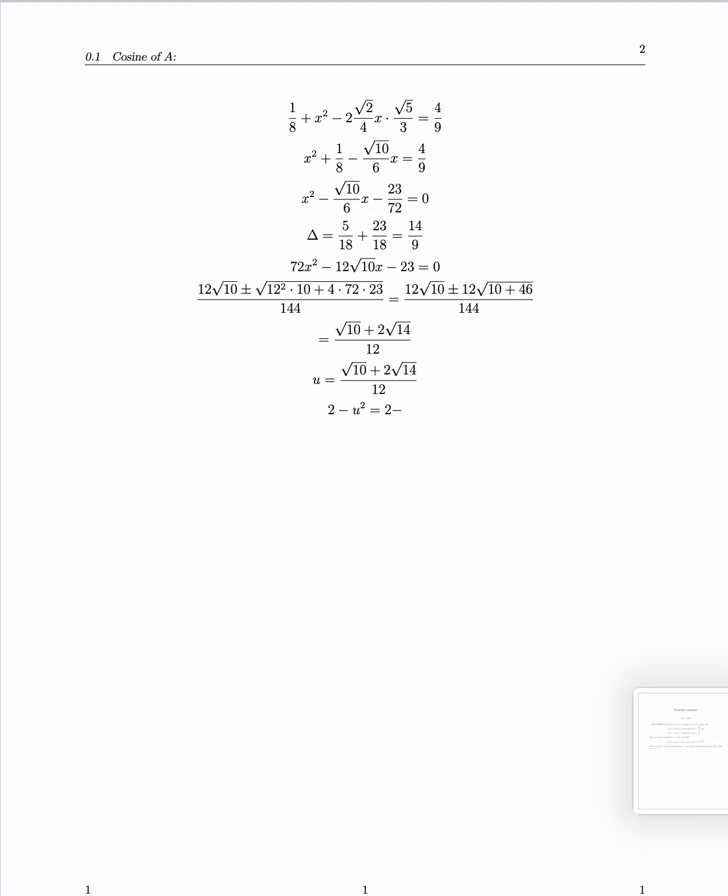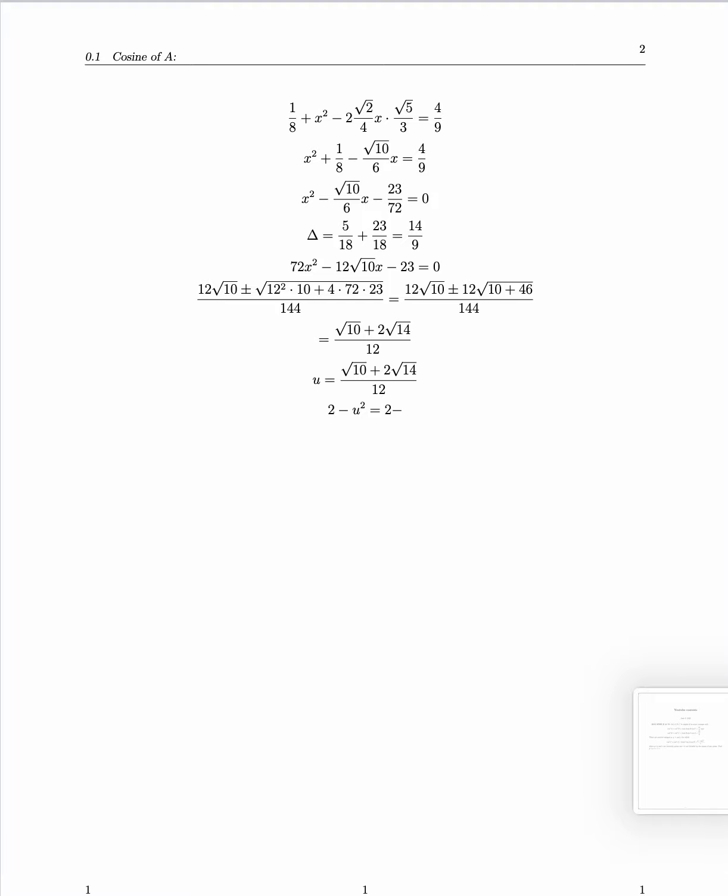Okay. 66 plus 4 square root of 140, which is 8 square root of 35. Yeah.